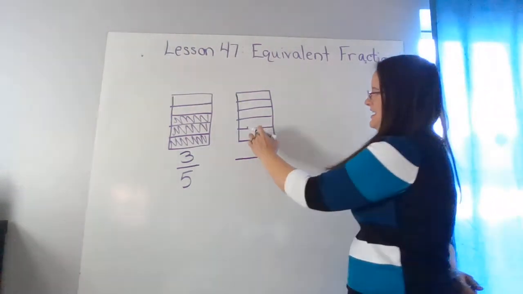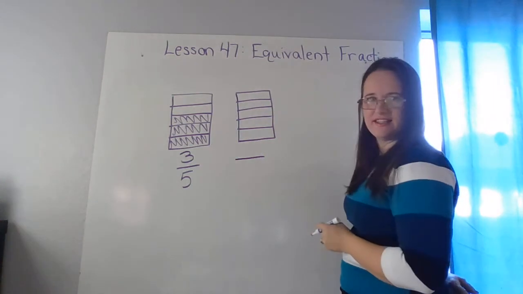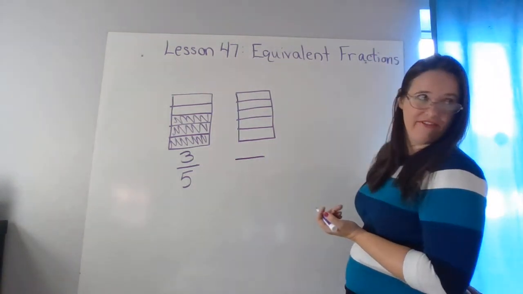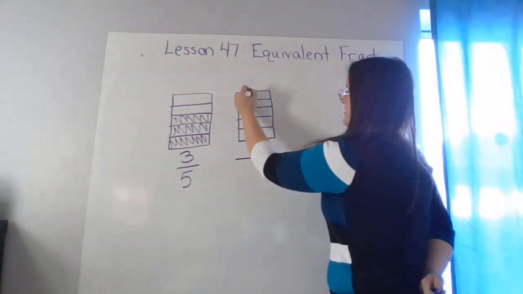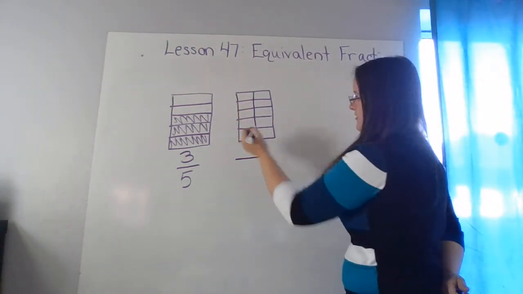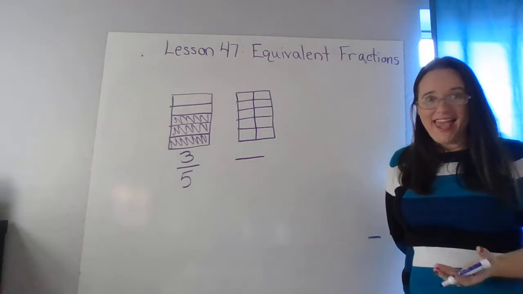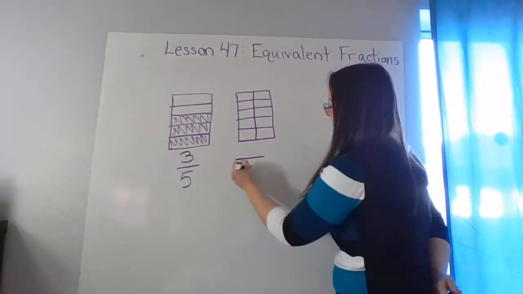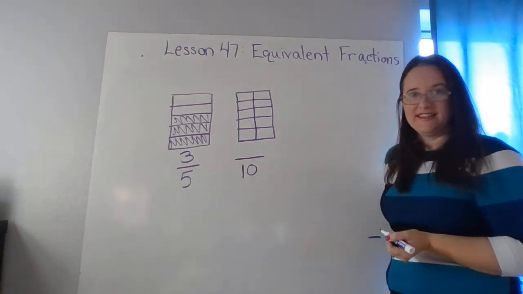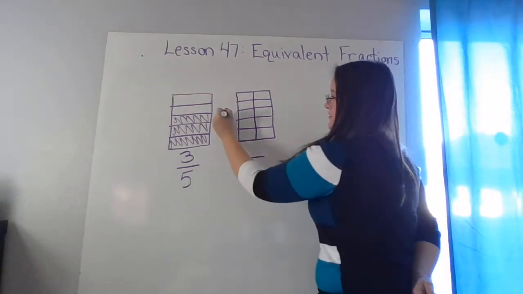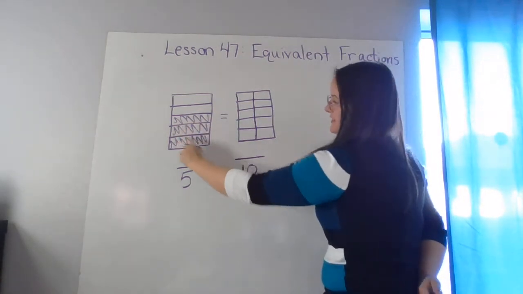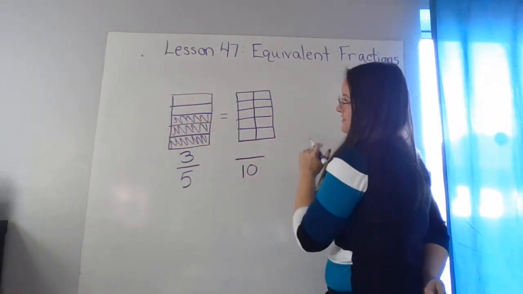How could I break each of these into smaller pieces? I could break them in half, right? Okay, so I'm going to split it right down the middle. That makes sense. Now I have 10 congruent pieces because I took 5 and I just split them in half. So I can put a 10 in the denominator. Now, these are supposed to be equivalent fractions, which means I have to color in the same amount here that I have colored in over there.